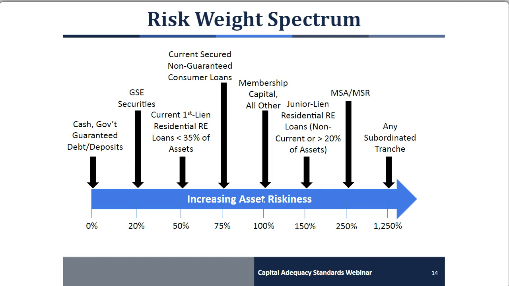Anything that is not explicitly listed in the rules falls in the all other category of 100%. Risk weights can be found in Subpart A in Part 703, or the risk weight tables can be found on the Risk-Based Capital Resources page on ncua.gov. I will turn it over to Brian, who will introduce the call report schedules to be used to calculate the risk-based capital ratio.